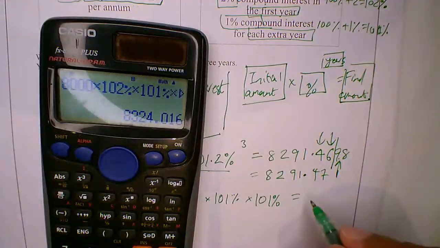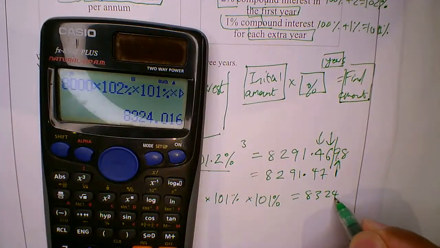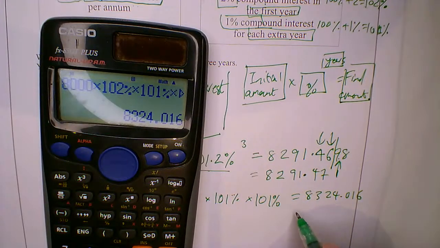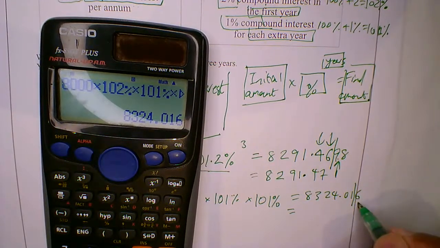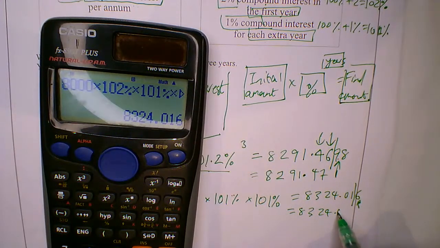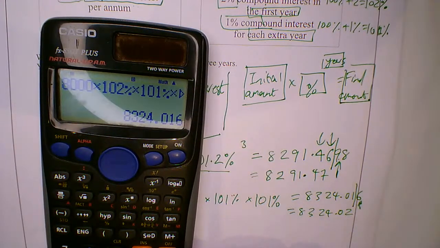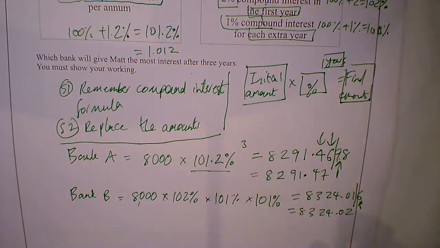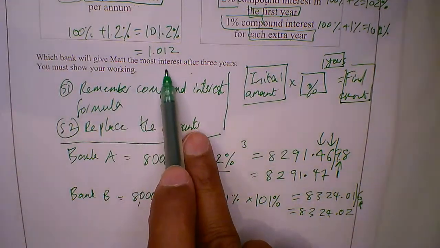That gives me 8324.016. And again, rounding that, the 6 rounds up, so I've got 8324.02.